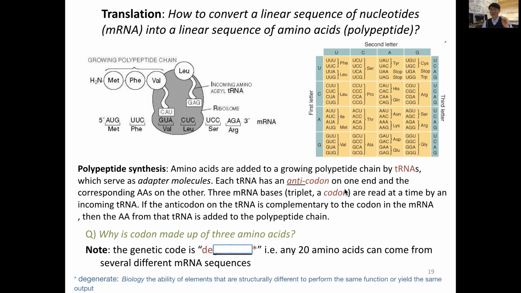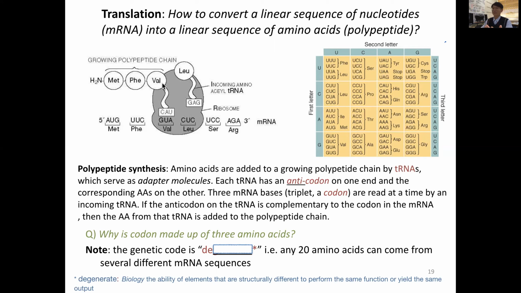This is read at one time by an incoming tRNA. If the anticodon of the tRNA is complementary to the codon region in the mRNA, then the amino acid from that tRNA is added to the polypeptide chain.